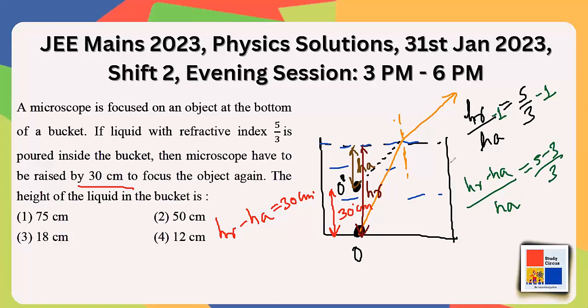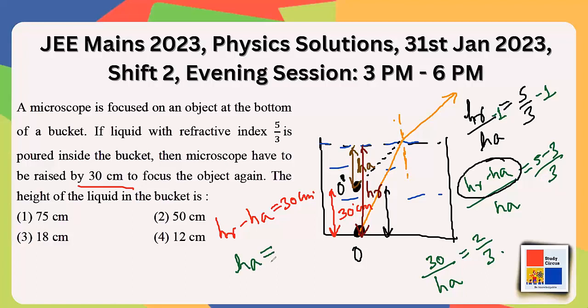HR minus HA is 30, actual minus apparent. So 30 centimeters upon the apparent depth is equal to 2 upon 3. From here you will get the apparent depth HA, that is 15 into 3, 45 centimeters.